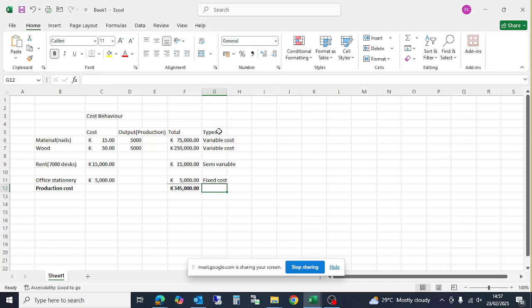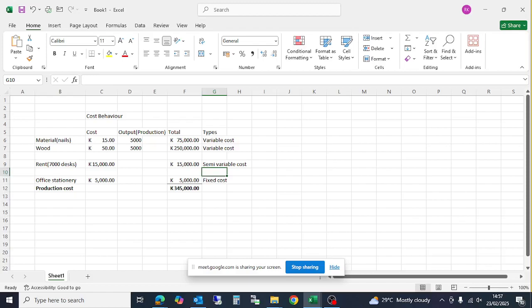Okay, perfect. So we have wood and nails, which I'm saying is variable, and then we have a semi-variable cost in rent. So basically, I've actually identified these particular costs. I've told you their types. Don't worry, I'll define them. But in actual sense, we have already defined them because I've given you the examples already.